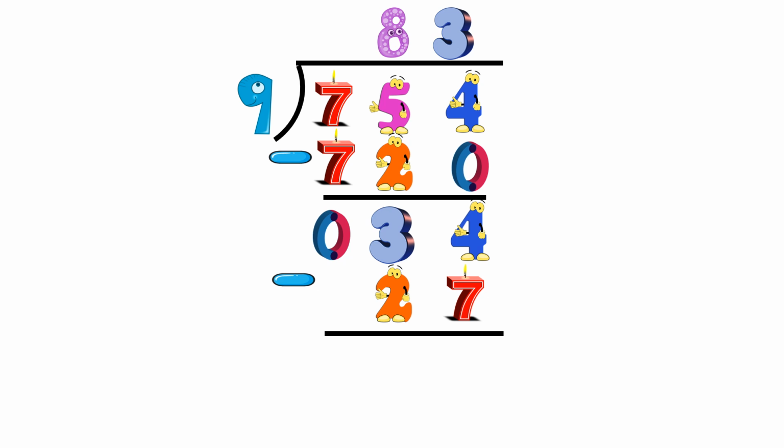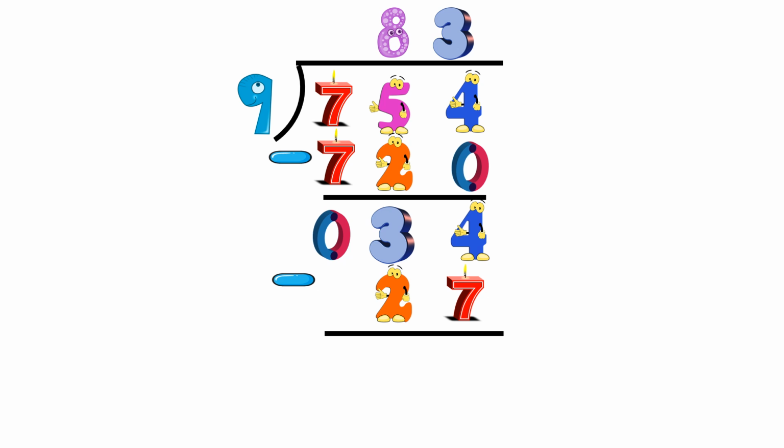In order to subtract these two numbers, we have to start by subtracting the ones digits. And the ones digits here are 4 and 7. But 4 is less than 7. We can't take 7 from 4. In this case, the 4 ones will take 1 ten from the 3 tens.